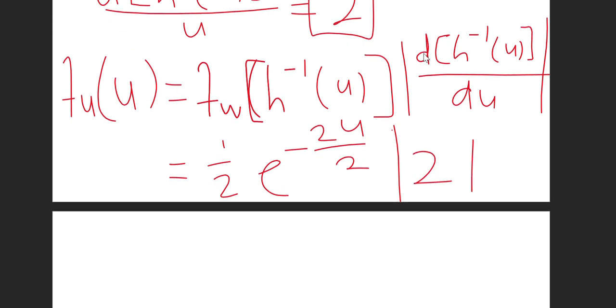The absolute value of 2 is just 2, so this will be 2 over 2 e raised to negative u.